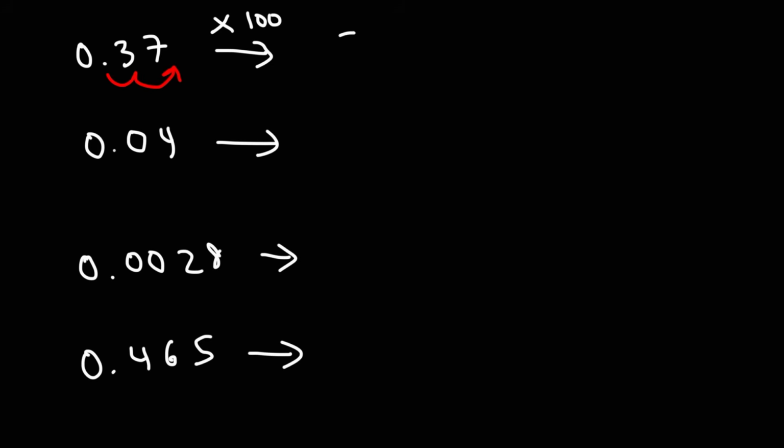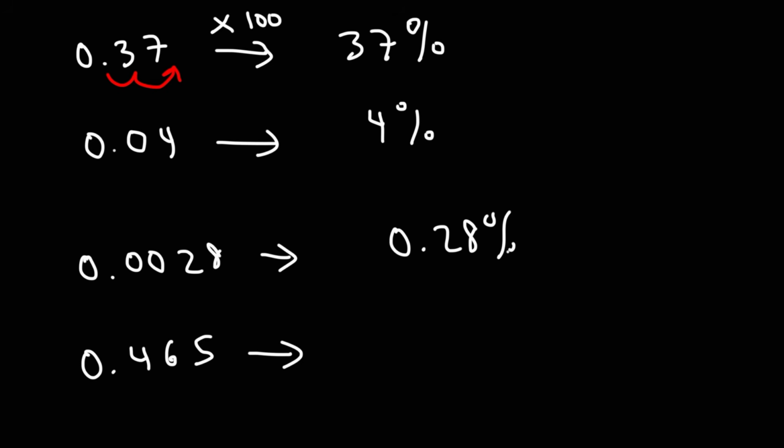So 0.37 is 37%. 0.04 is 4%. 0.0028, if you multiply that by 100, you're going to get 0.28%. 0.465, that's 46.5%. So that's how you can interconvert between decimal values and percentages.